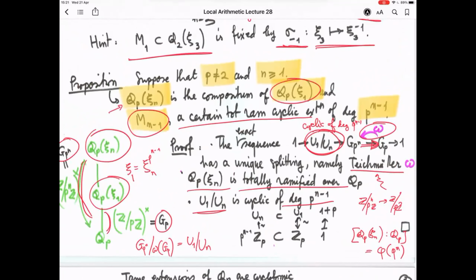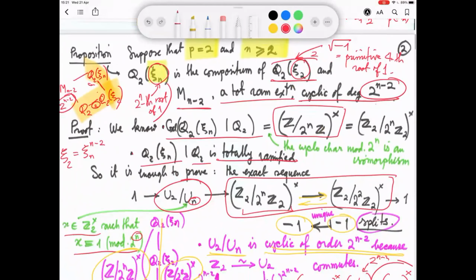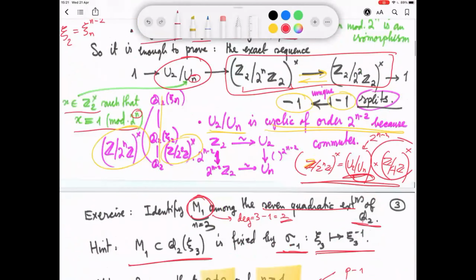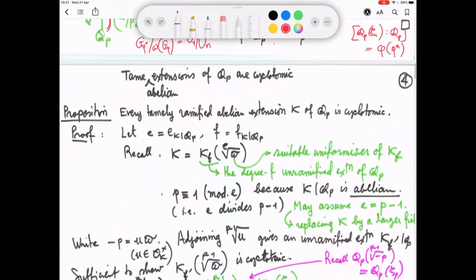And similarly for Q2, this is going to be of degree 2, and this is going to be of degree 2 to the n minus 2. So they have been written as composites of two extensions.